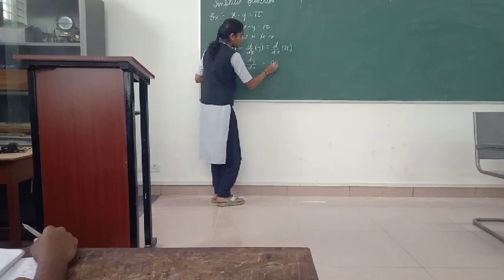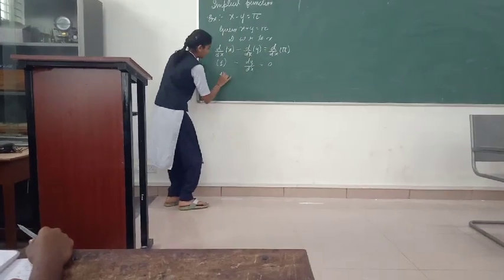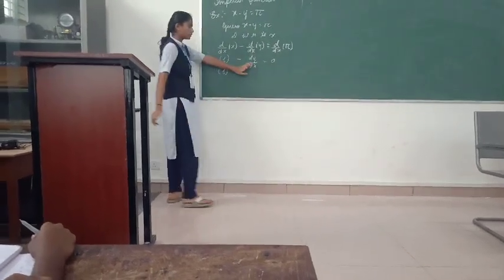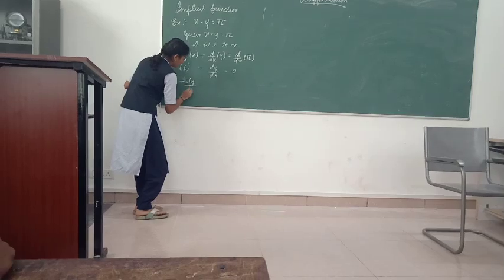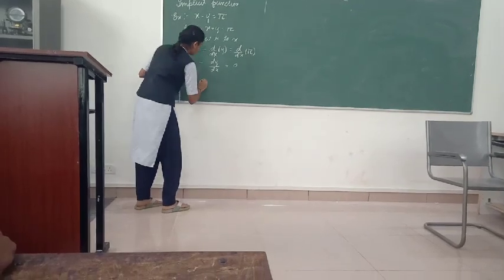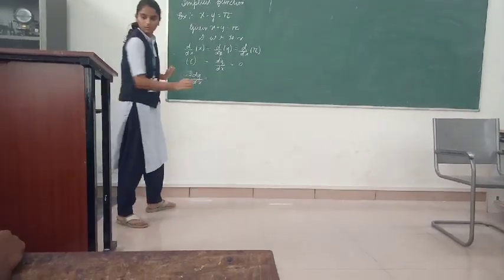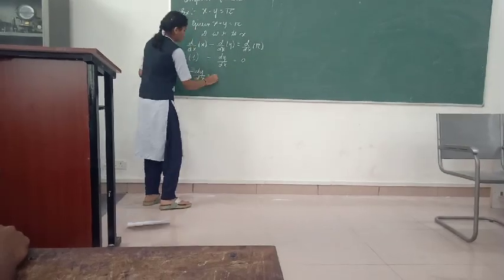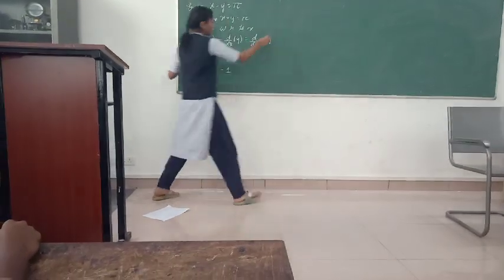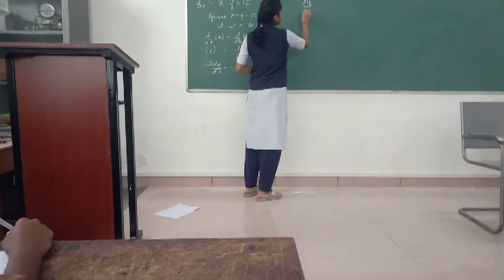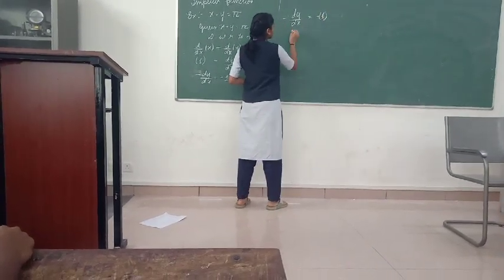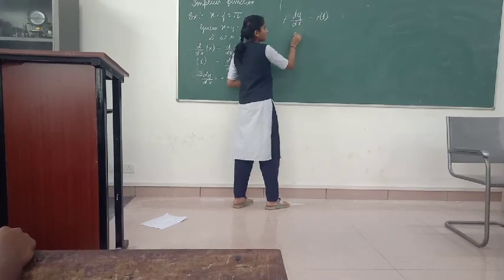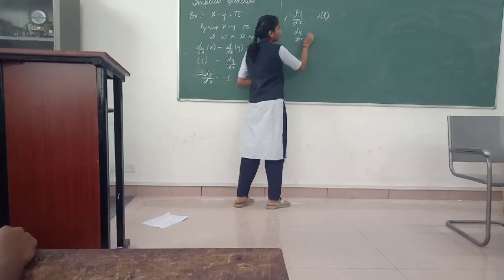Differentiation of 5 is 0. So we have to shift this dy by dx to the left side and 1 to the right side. Minus dy by dx. Minus minus get cancelled and then dy by dx is equal to 1.